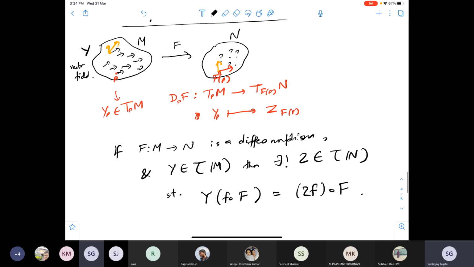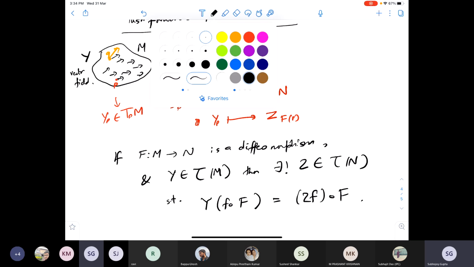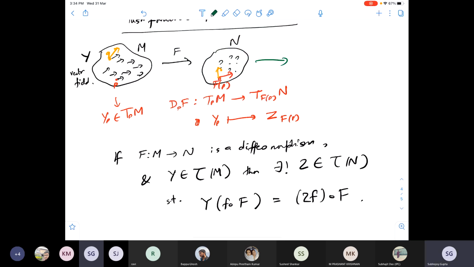If you think about the vector field Z, it's going to be an operator on smooth functions on N. So there will be some smooth, real valued function defined on N, and Z will operate and give you some smooth function.